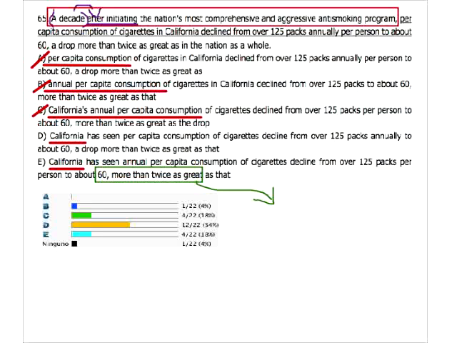So the meaning should be that the drop per capita is per person, yeah. So it's per person, as opposed to an overall number. The meaning should be that the drop was twice as great.